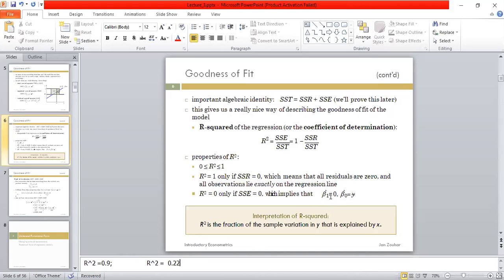So it's coming from the formulas. So beta 1 here is basically beta 2. So beta 2 being 0 means what? What is beta 2? The slope. If the slope is 0, that means what? X increases y?